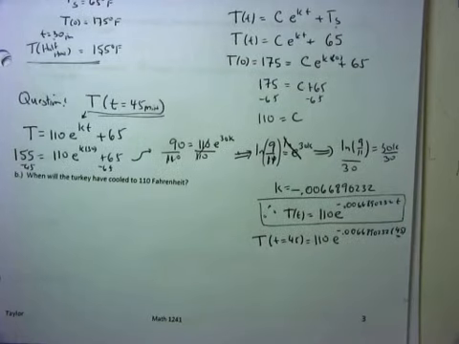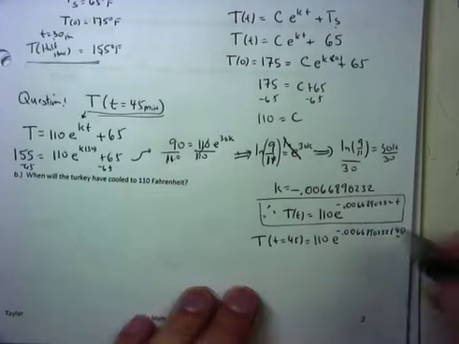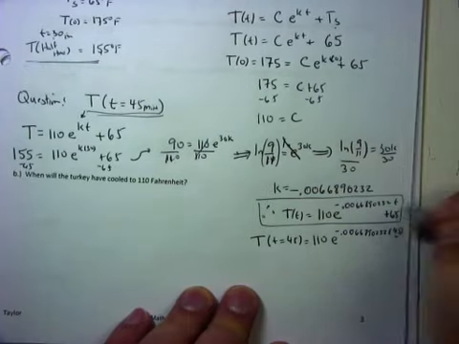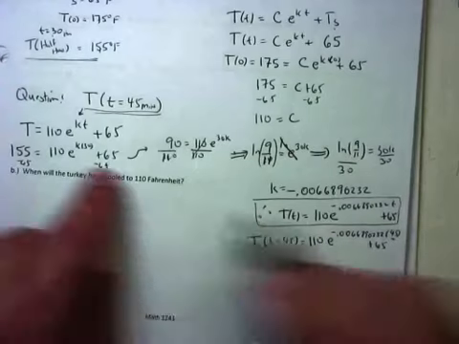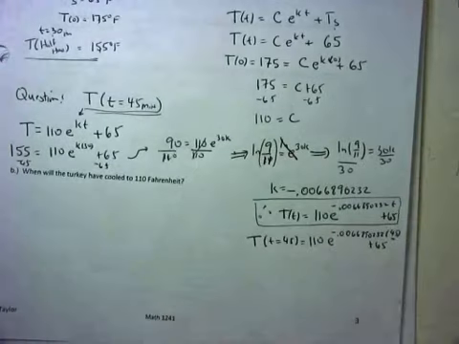Double check me on this, but I'm typing in on my calculator 110, e raised to the negative .0066890232 times 45. Plus 65. I knew there was something wrong. Plus 65. Thank you, darling. Lost my plus 65. There's my modeling equation. Just don't forget to add that plus 65. Plus 65. And what do I get?